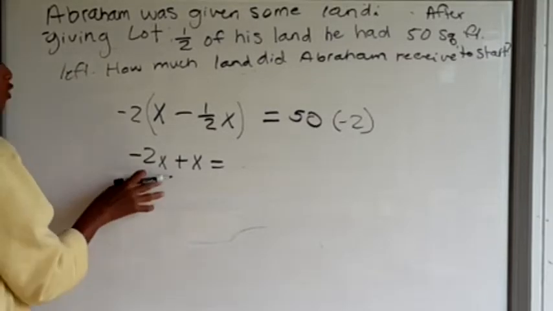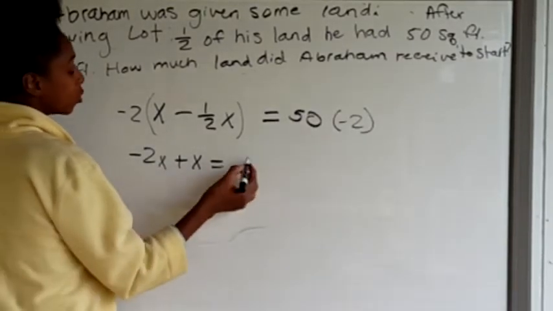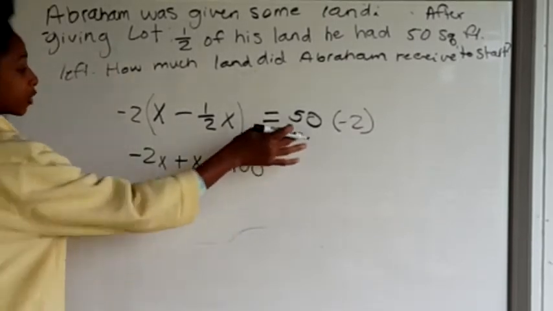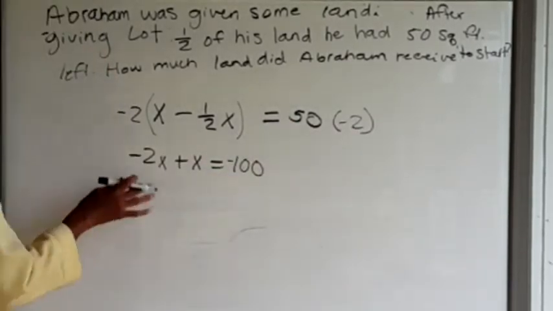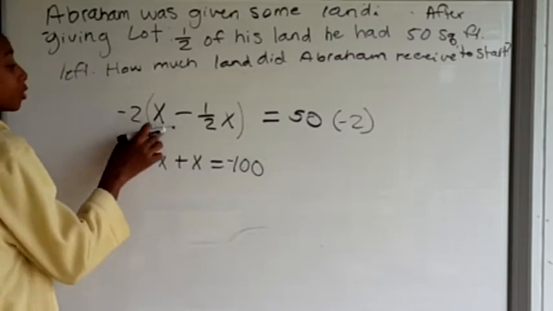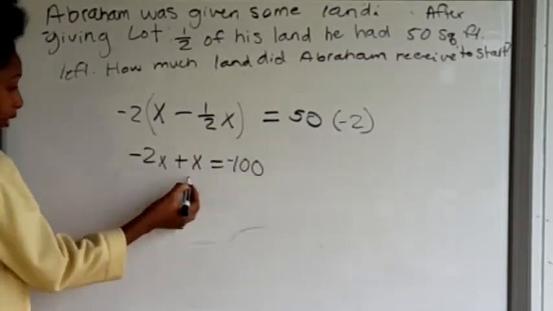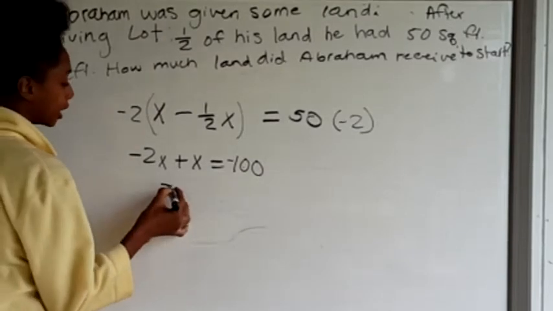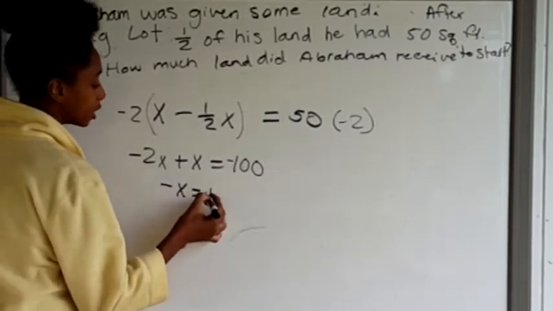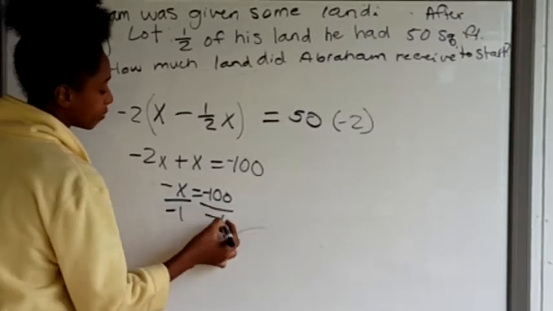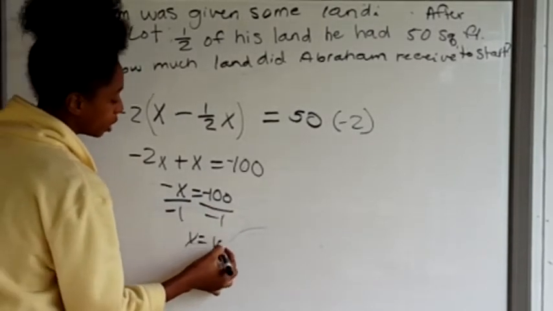Alright, so negative 2x plus x equals negative 100, because 50 times negative 2. Negative 2 times x is negative 2x, and negative 2 times negative 1/2 x is positive x. Then we combine our like terms and we get negative x equals negative 100. Then we divide by negative 1 and we get x equals 100.